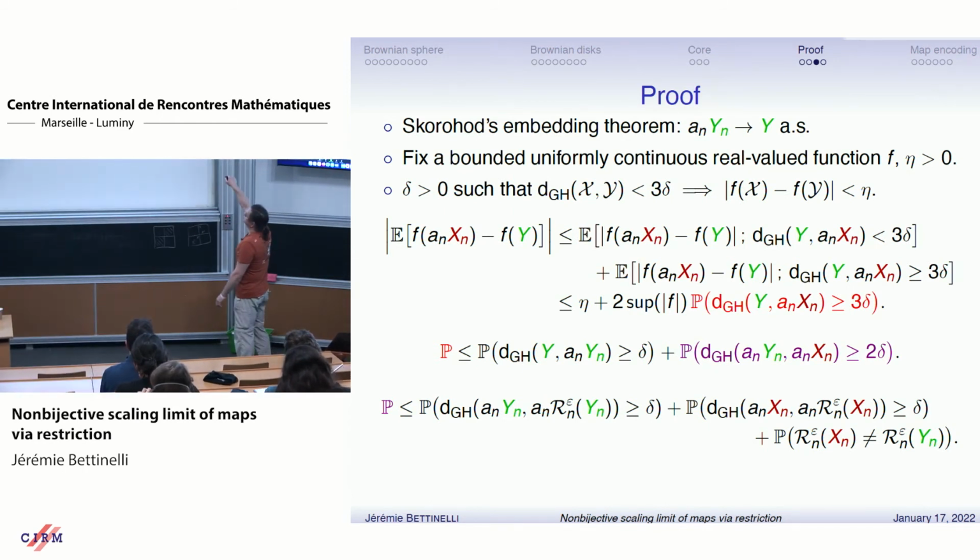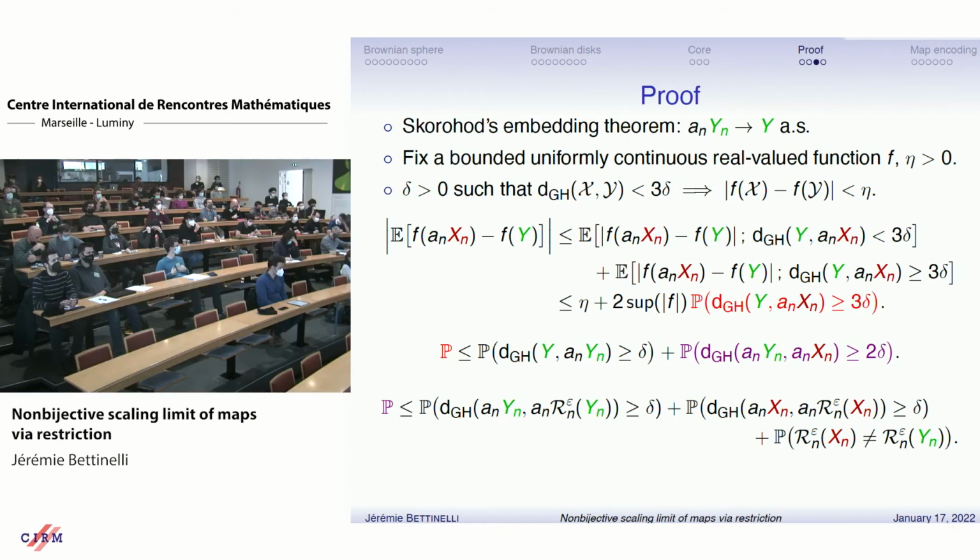Either the restriction is the same or it's not the same. So here the restriction is not the same. And if the restriction is the same, if the distance between these two is larger than 2 delta, it means that one of them is at least at distance delta from the restriction, which is the same. So either a_y is far from the restriction or a_x is far from the restriction.